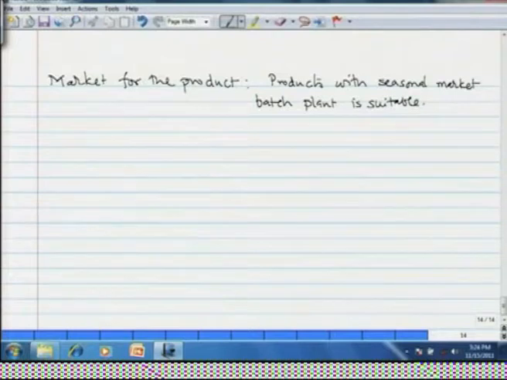An example of this category is fertilizer. If the fertilizer is produced throughout the year, then we have to store that fertilizer till the next season, which may increase the operating cost. Therefore, it is preferred to produce the seasonal product in a batch plant.